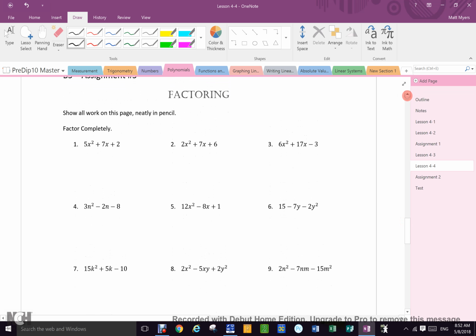Tomorrow, before we start... screw it. Finish 168. It's 8:52. We should be able to mark it today, should we not? This is the last assignment for factoring. I would like to mark it at 9:15.